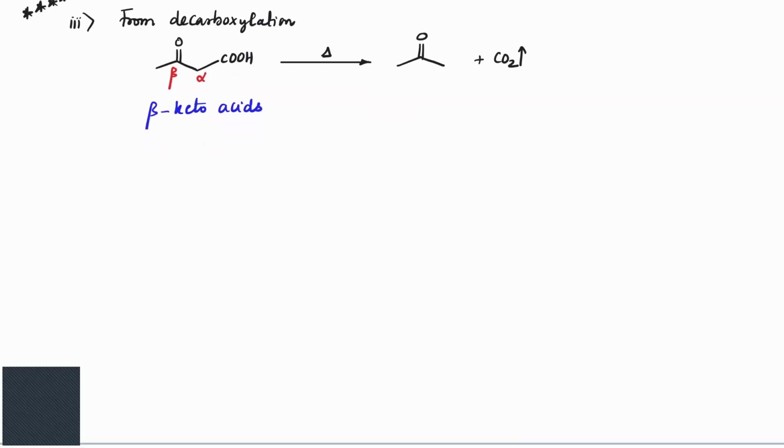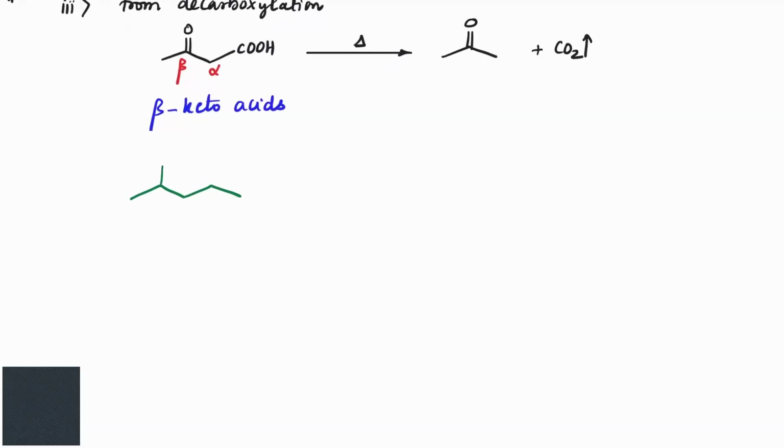Now, how does the mechanism work? See, all you need to do is write this structure. You have O and H, correct? And then a double bond O here. Now you can notice that this pi bond would make a bond with O and H because of the strong hydrogen bonding that exists between them. As soon as the hydrogen bonding happens, this bond will break, converting into carbon dioxide.